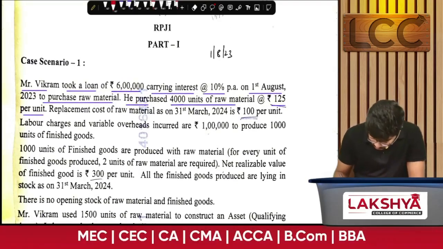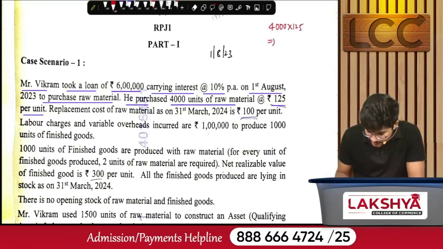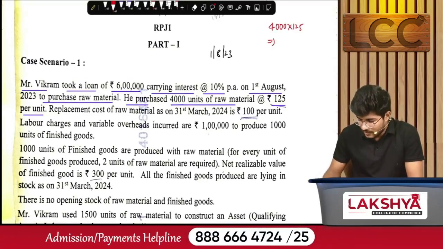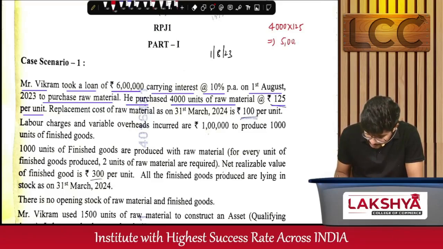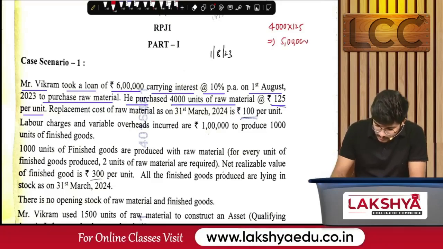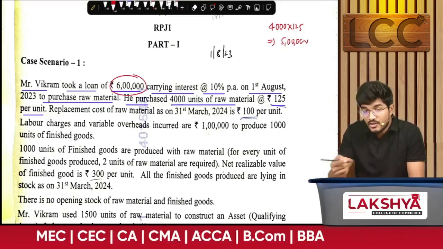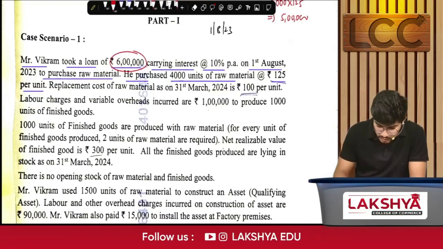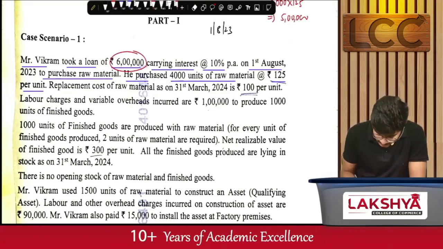That means the total cost spent on raw material is 4,000 into 125, that is around 5 lakhs. Out of the 6 lakhs loan, he spent 5 lakhs, so the balance remaining as cash is 1 lakh.